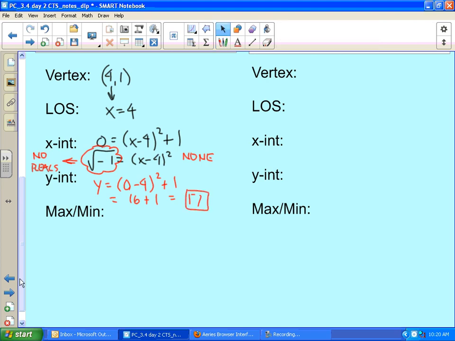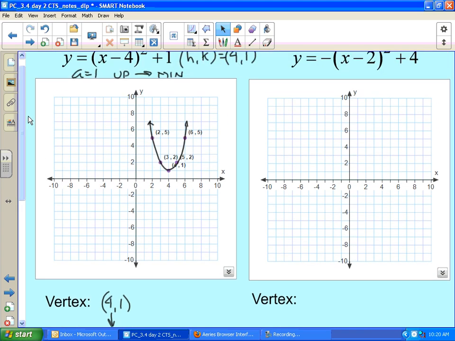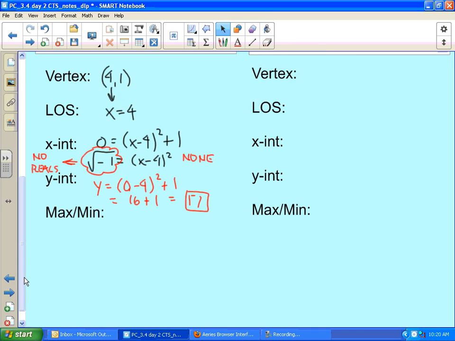So I know that my graph has a vertical intercept way up there outside of my little chart. It's going to hit at 17. And then we've already answered this one. It's already a minimum because my graph is opening up.